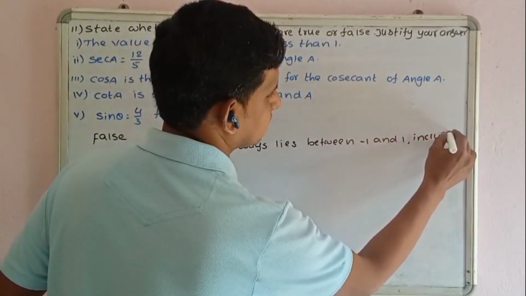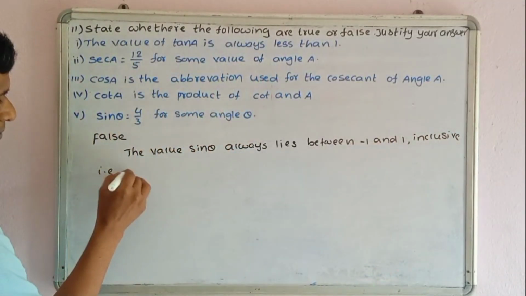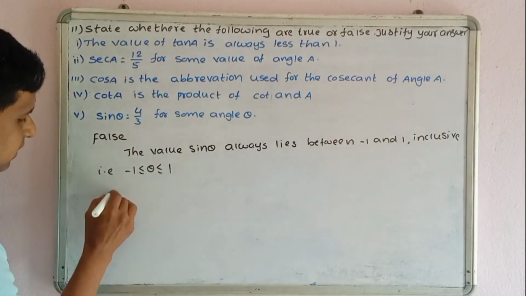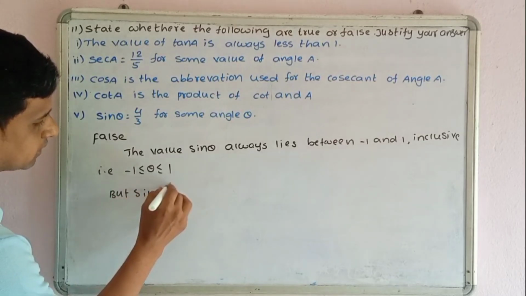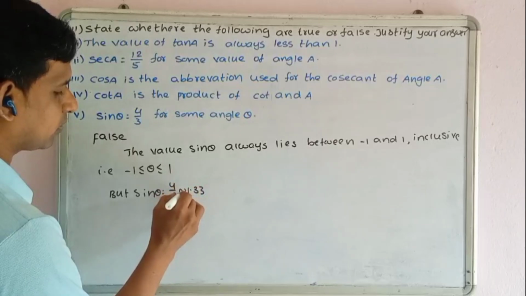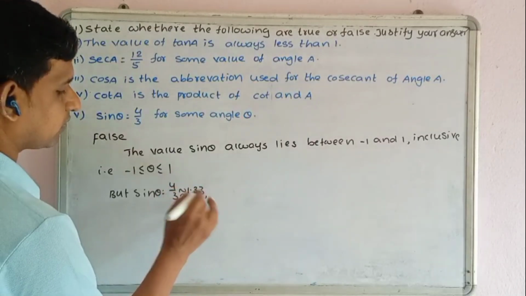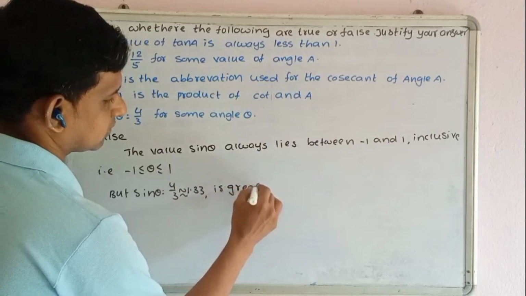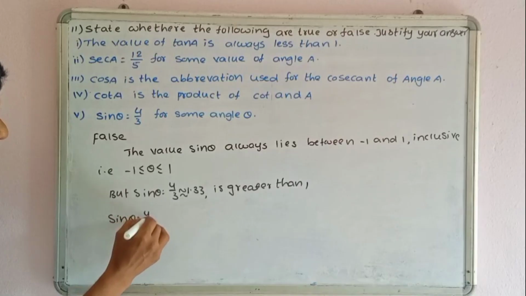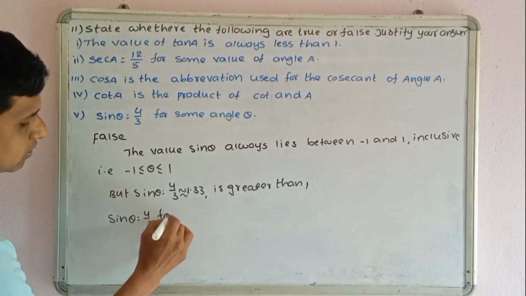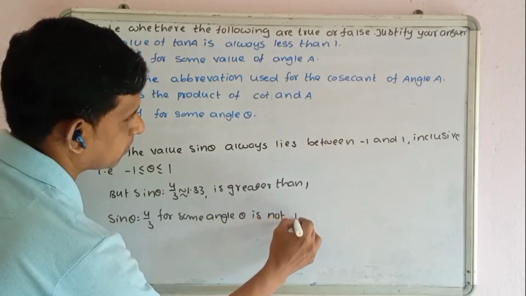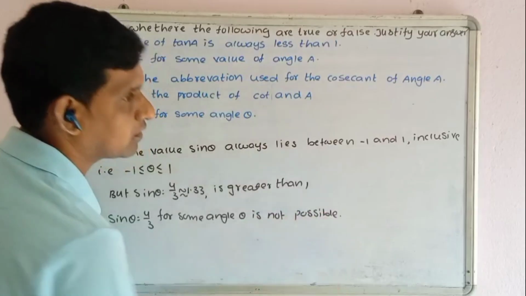Maybe these two values are included. So -1 is less than or equals to sin theta, which is less than or equals to 1. But here sin theta equals to 4 by 3. 4 by 3 value how much? 1.33 approximately, which is greater than 1. So sin theta equals to 4 by 3 for some angle theta is not possible. That's why this is a false statement.